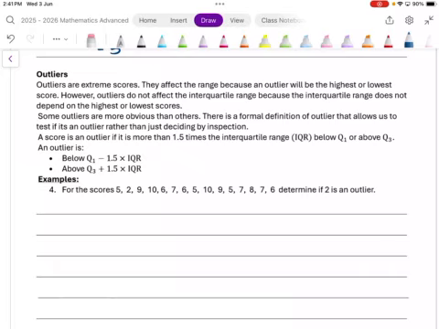Some outliers are more obvious than others, and there's a formal definition of an outlier that allows us to test if an outlier is an outlier rather than just deciding by inspection. So a score is an outlier if it is 1.5 times the interquartile range below or above our Q1 or Q3. So the good news is with these formulas, we have an outlier is below Q1 minus 1.5 times IQR, or it's above if it's Q3 plus 1.5 times IQR.